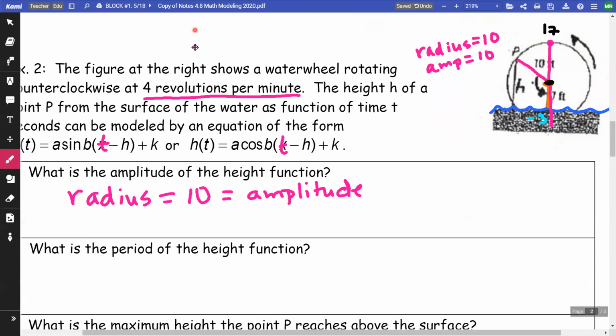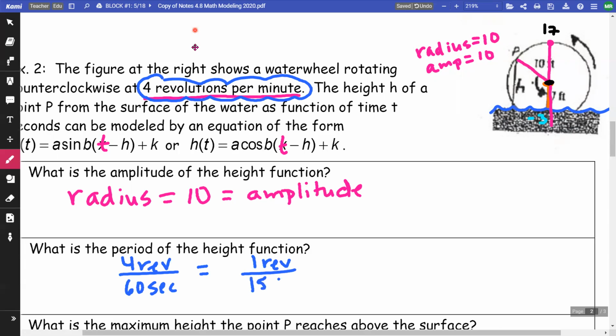They told us it's 4 revolutions per minute. So I've got 4 revs in 1 minute, which is 60 seconds. If I simplify that and divide top and bottom by 4, I get 1 revolution in 15 seconds. So my period is going to equal 15 seconds.